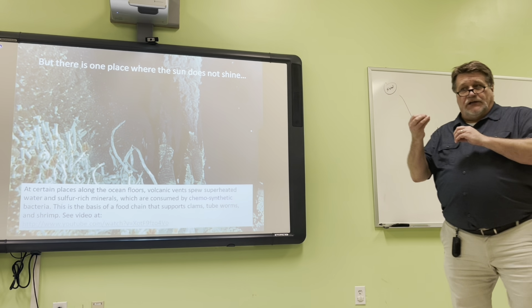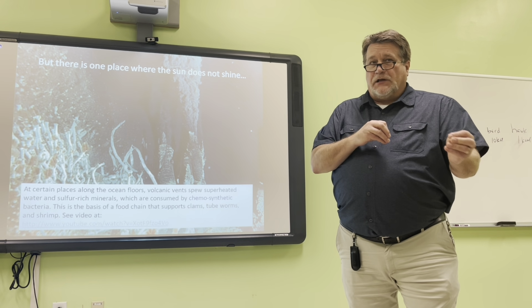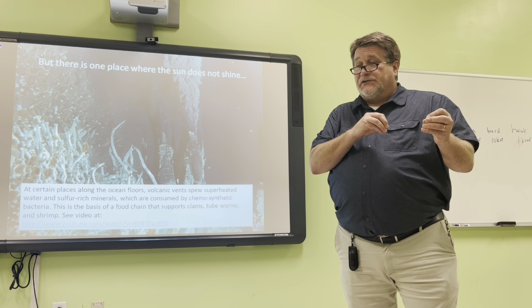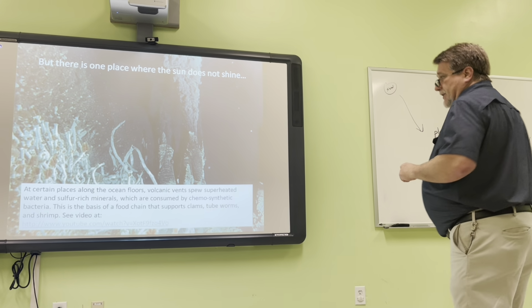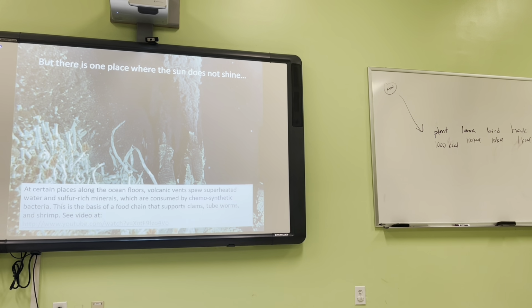Instead of photosynthesis, which uses light, it uses a process called chemosynthesis, which uses chemical energy, particularly sulfur coming out of these hydrothermal vents.